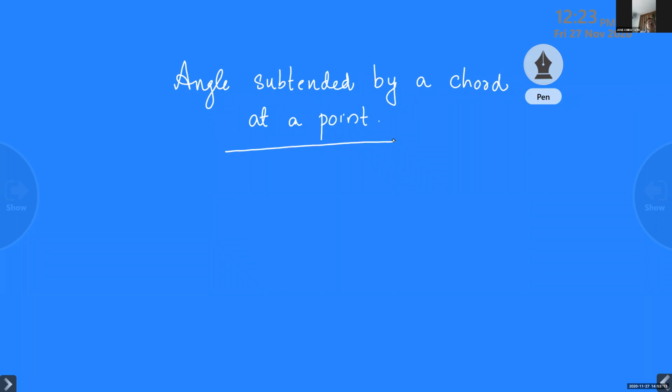This is a new concept for you. Angle subtended by a chord at a point. Write the heading, children.